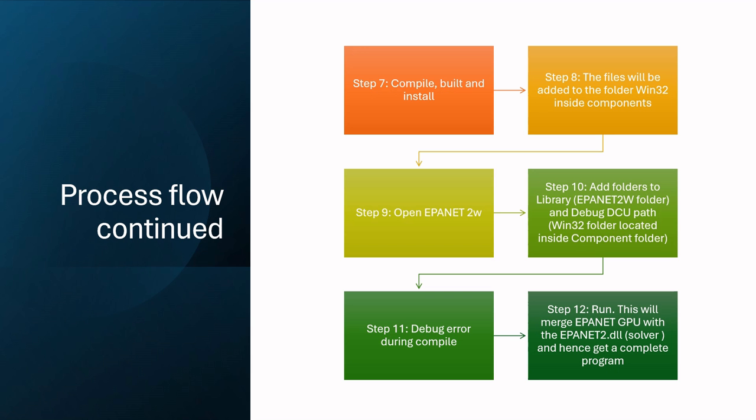The next step is to compile, build, and install, and then the files will be added to the Win32 folder inside components because of our last action. The next step is to open the EPANET2W file.